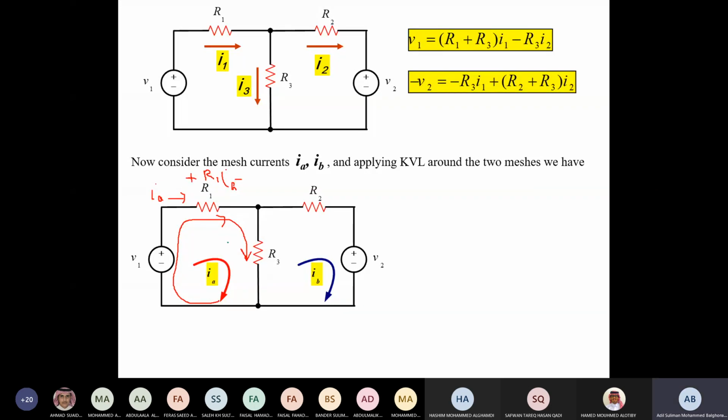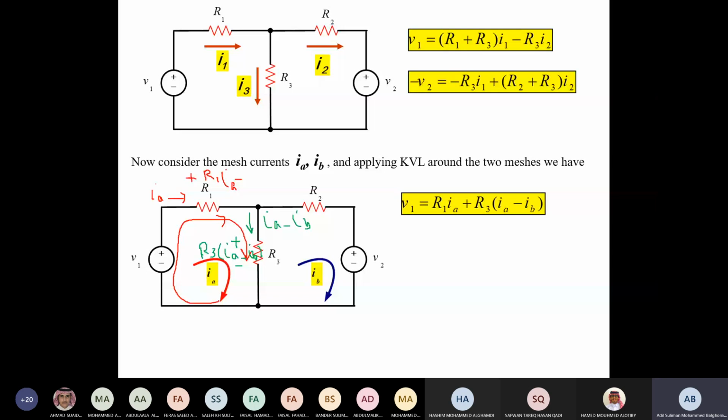Of course here I want the voltage drop plus minus, meaning the current I want it to be down over here, and this current over here is going to equal IA minus IB. So this voltage is going to equal R3 (IA minus IB), okay?